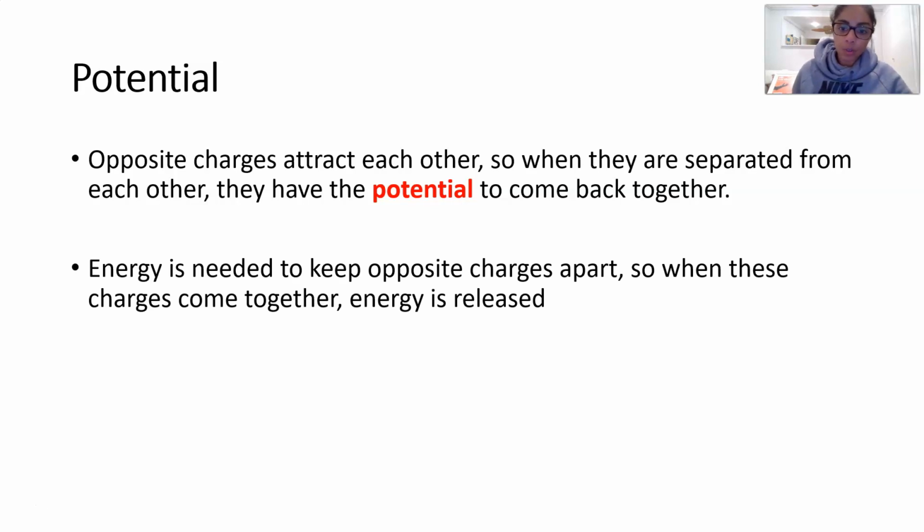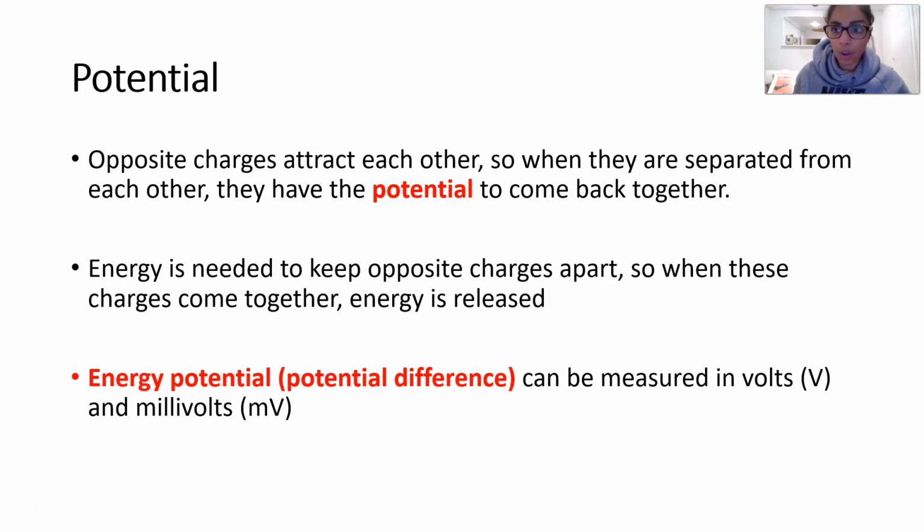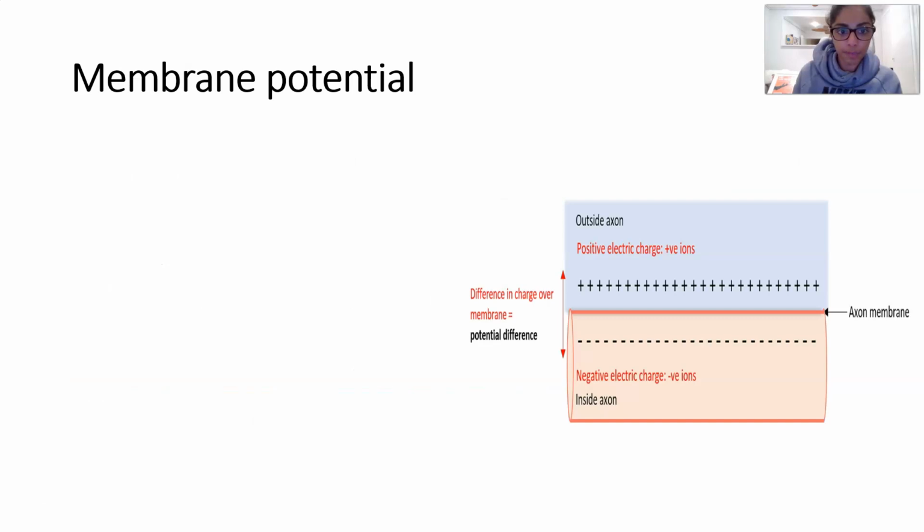And when those two opposite charges come back together, energy will be released, and hence there is something called the energy potential, or commonly we call it the potential difference. And this can be measured in volts or millivolts. Because we're looking at neurons, we're going to be measuring this in millivolts.